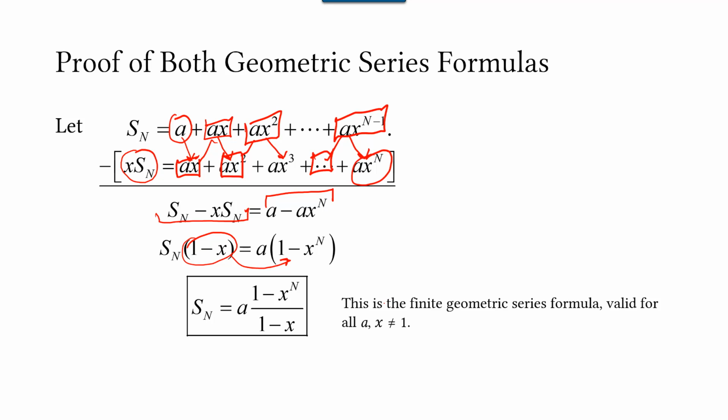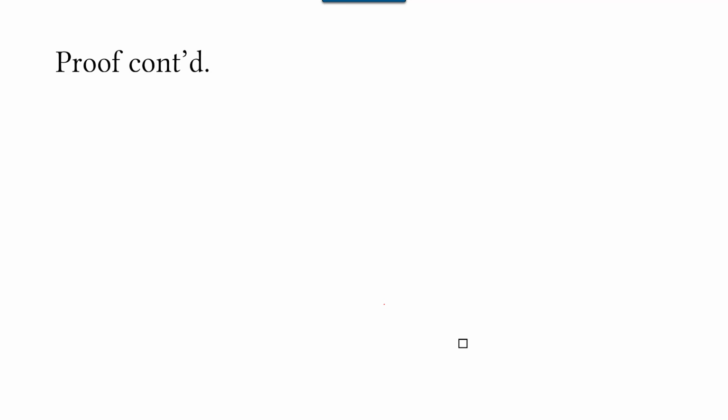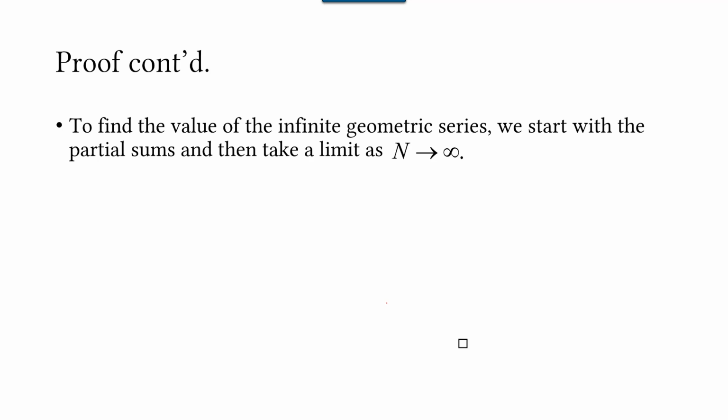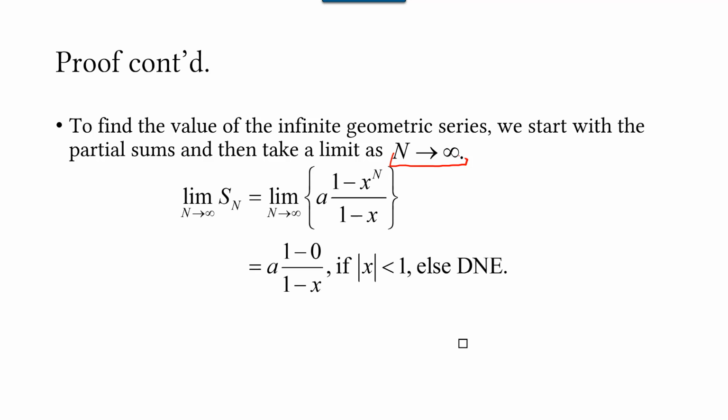Now, if we go a little further, we can develop the infinite geometric series formula, which we do just by taking the limit of our partial sum as we let the number of terms, capital N, go to infinity. All right, so when I do that, I'm taking the limit of S sub capital N. That was a finite sum in the geometric series.